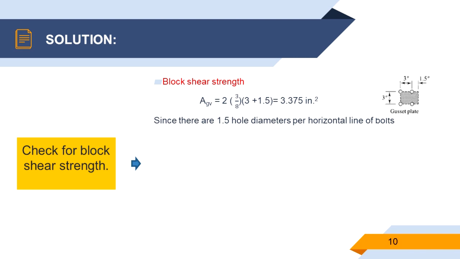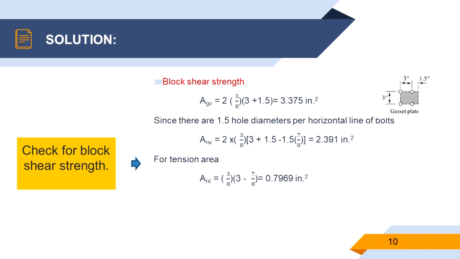Since there are 1.5 hole diameters per horizontal line of bolts, Anv is equal to 2 times 3/8 times (3 plus 1.5 minus 1.5 times 7/8), which is equal to 2.391 square inches. For tension area, Ant is equal to 3/8 times (3 minus 7/8), which is equal to 0.7969 square inches.